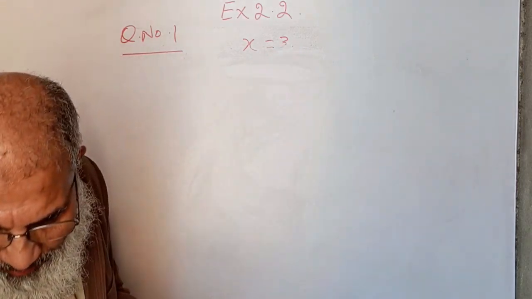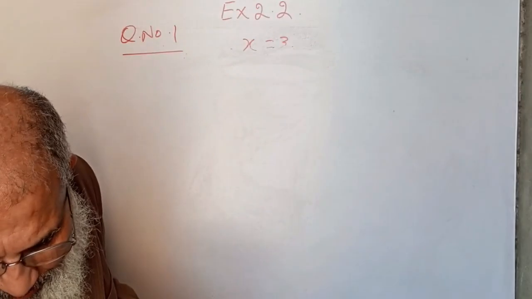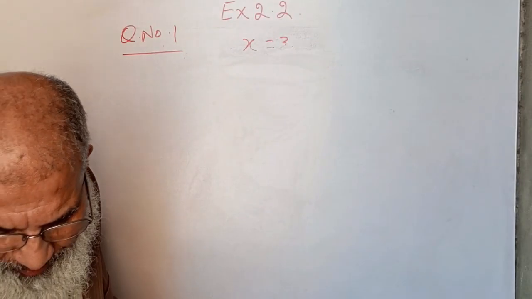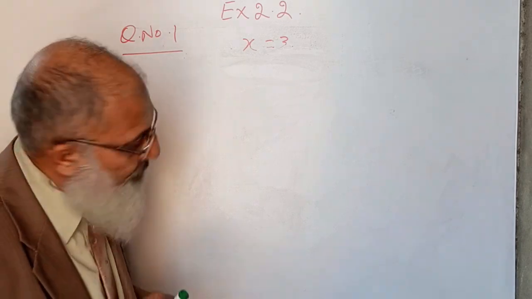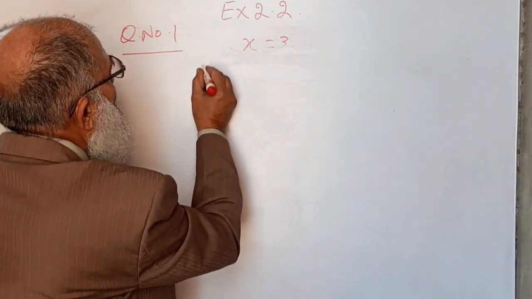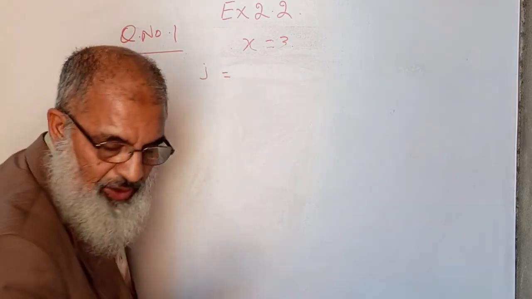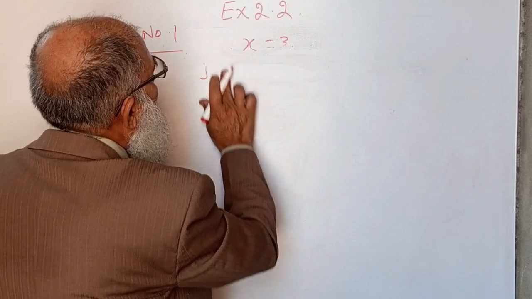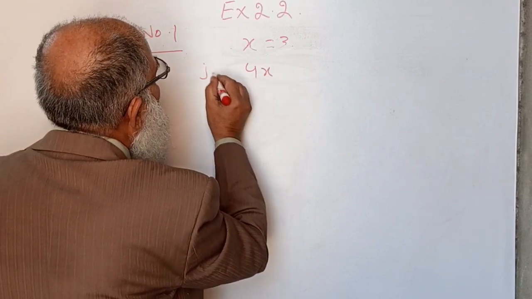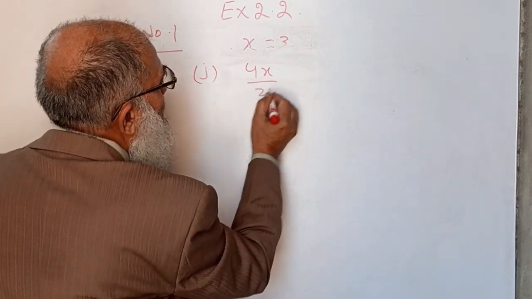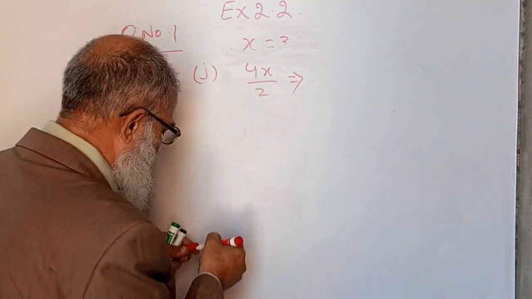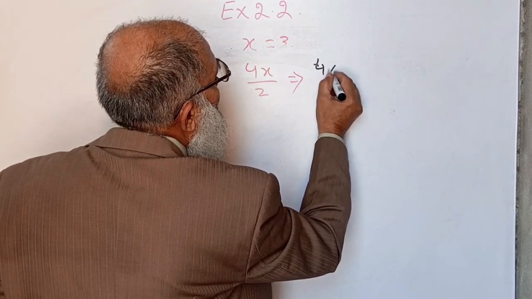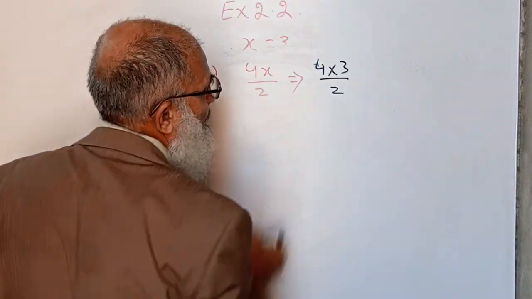Now I am going to solve part J. Part J is 4x divided by 2. It is again very simple. 4 multiplied by 3 divided by 2.